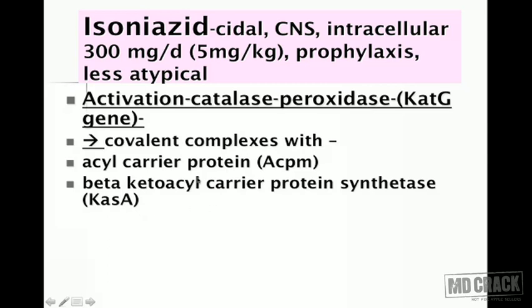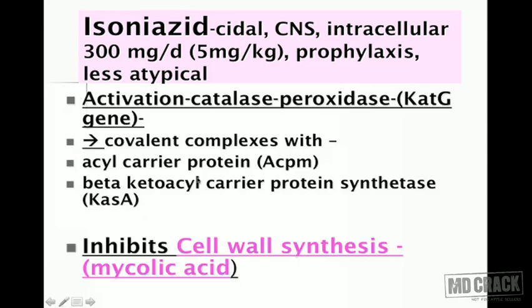With all this, it is going to inhibit the cell wall synthesis. The cell wall in the mycobacteria is composed of mycolic acid, and please remember isoniazid inhibits the mycolic acid synthesis. So this is how it gets activated and its mechanism of action.